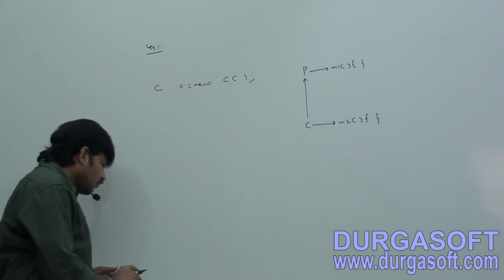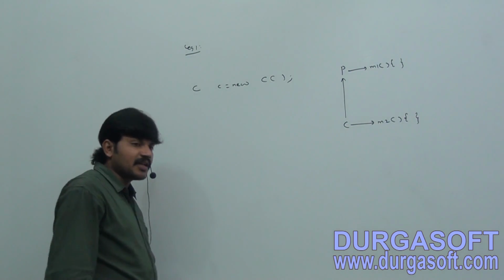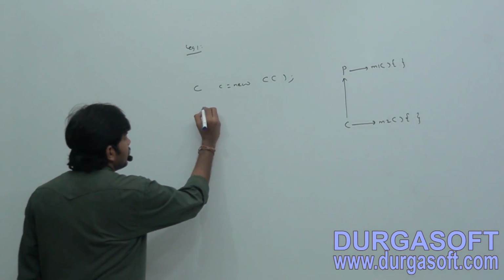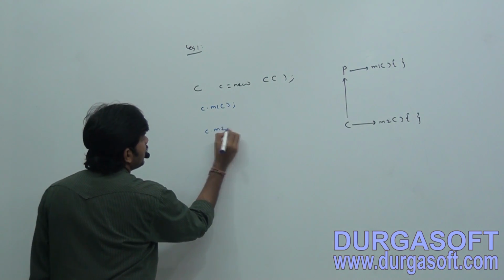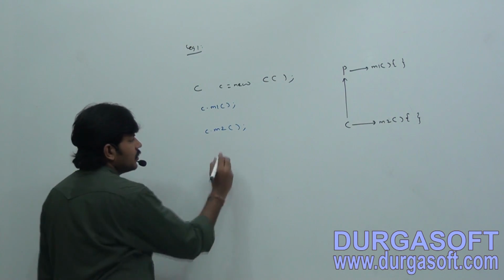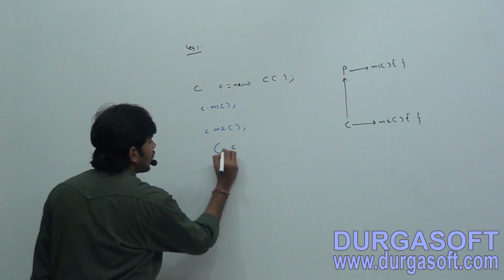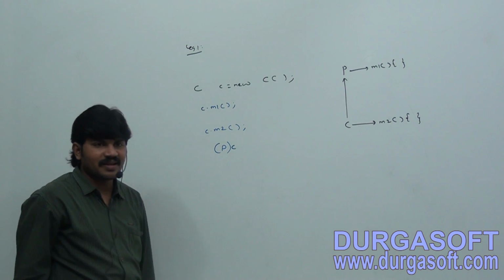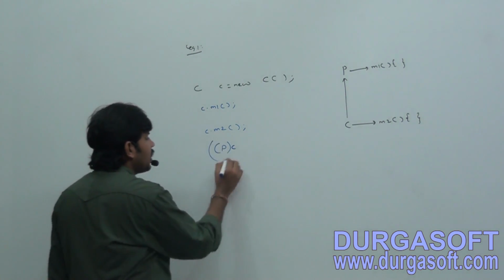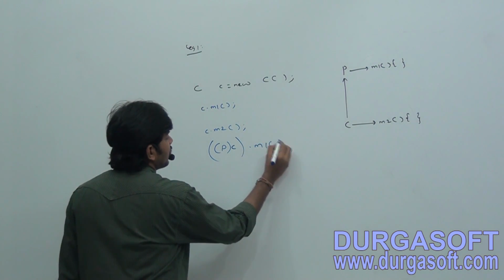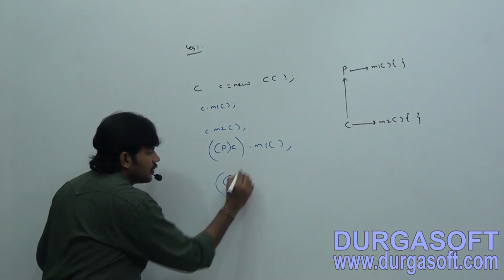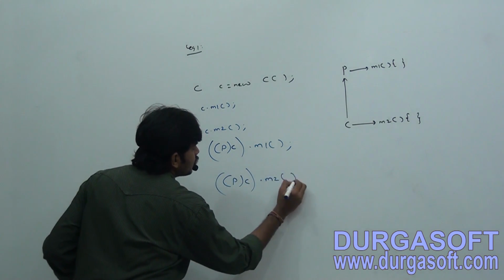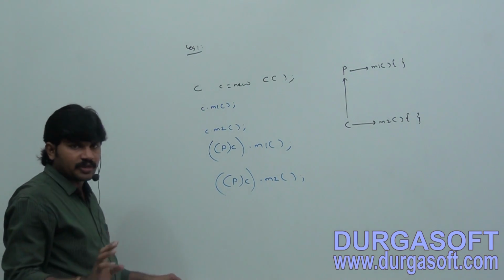Now, sir, which method calls are valid? You have to decide. C dot M1, C dot M2, C typecast to P type and on that calling M1, and C typecast to P type and on that calling M2 method.